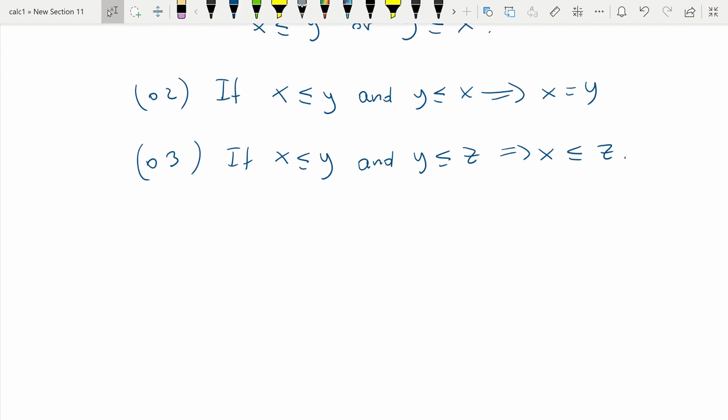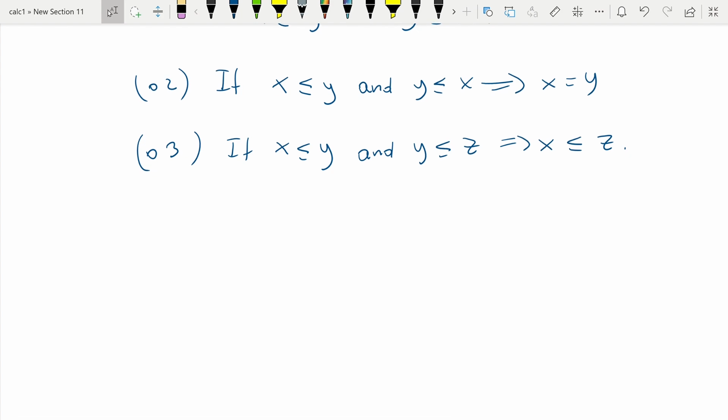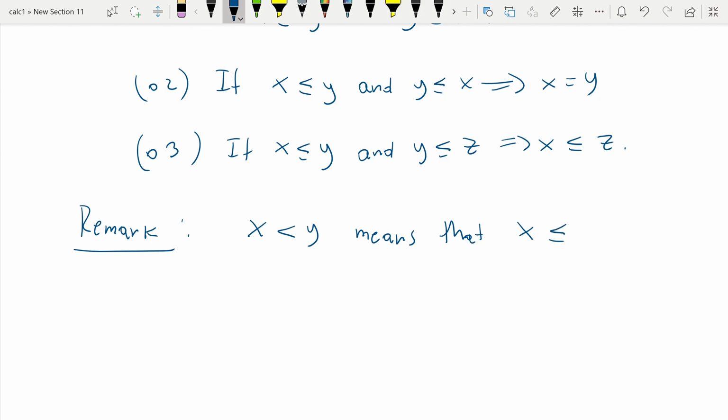Now, one remark we want to make at this point is that when we write x is less than y, we mean by that we have that x is less than or equal to y according to the defined order, but x is not equal to y.